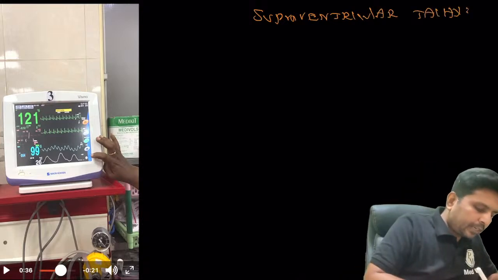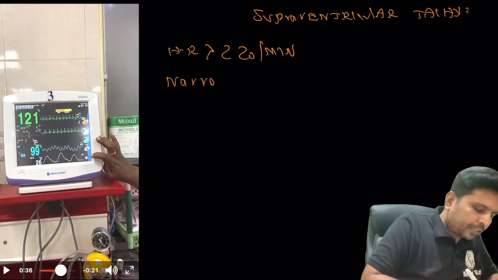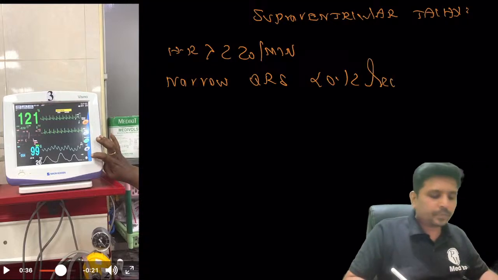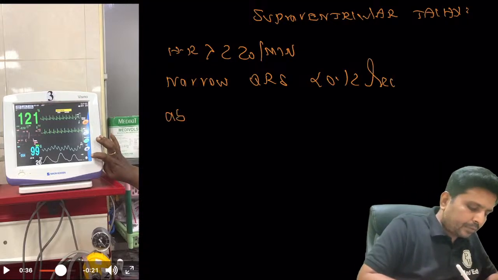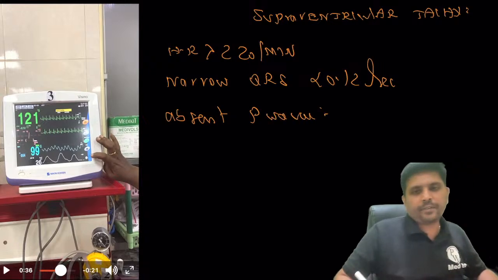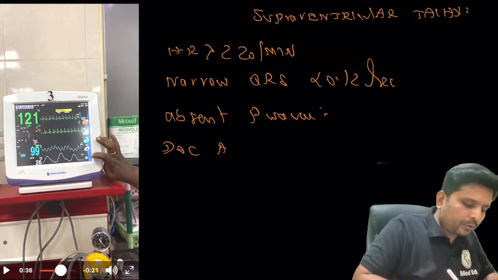You need to consider when heart rate is more than 220 per minute, narrow QRS complex of less than 0.12 second, absent P waves, it is supraventricular tachycardia. Drug of choice, adenosine.